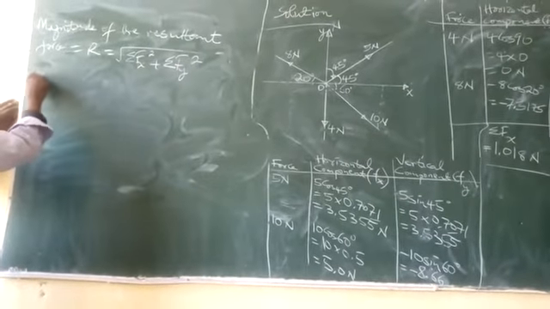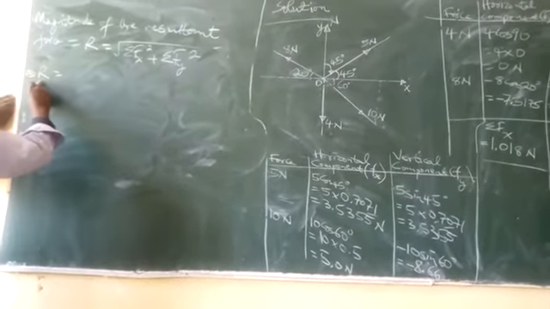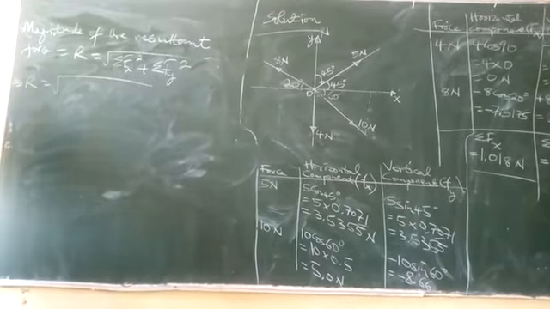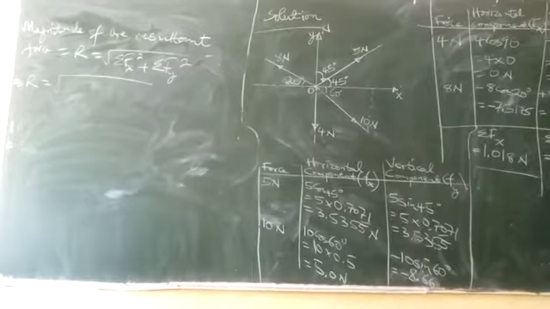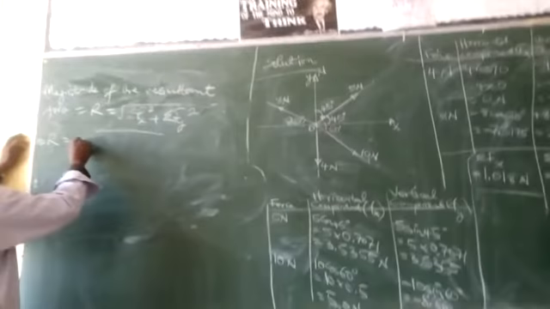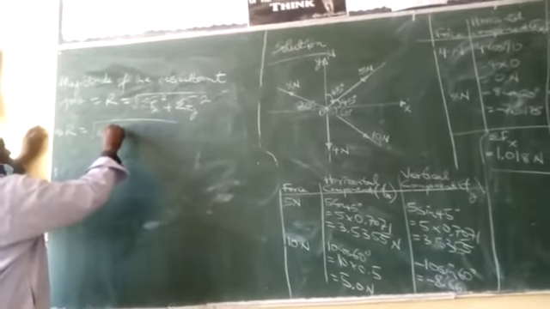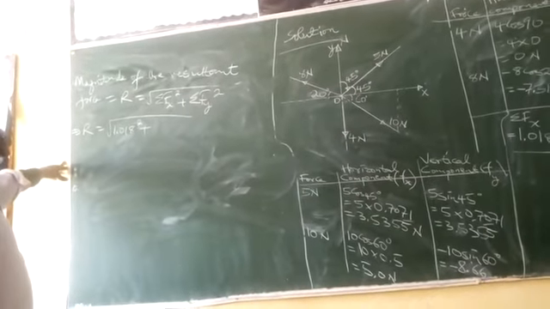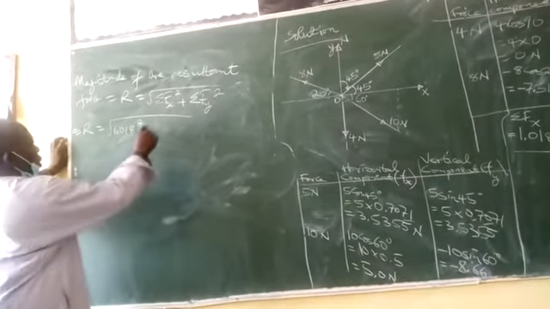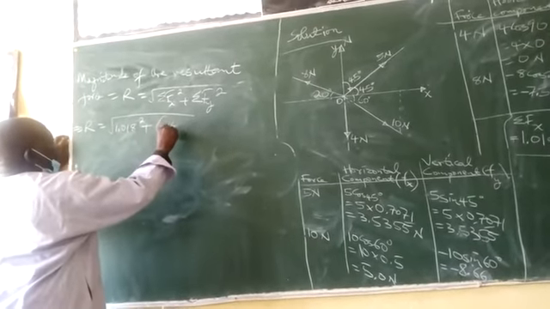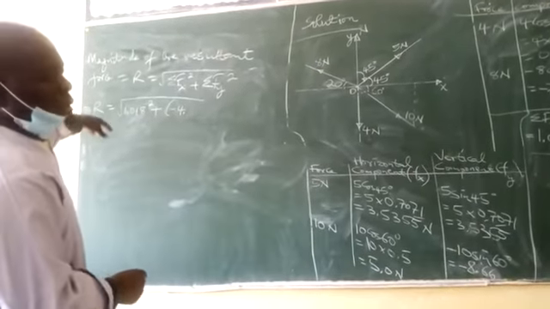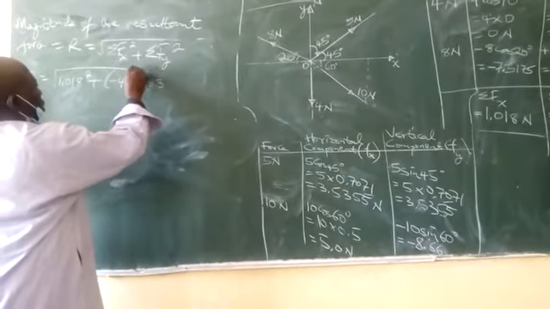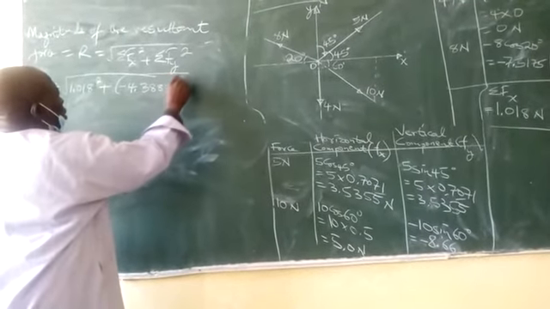So this means that the resultant force R is equal to the root of 1.018 squared plus minus 4.3883, all squared.